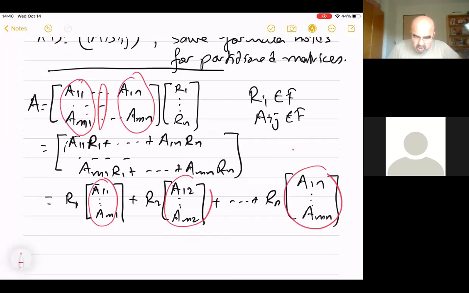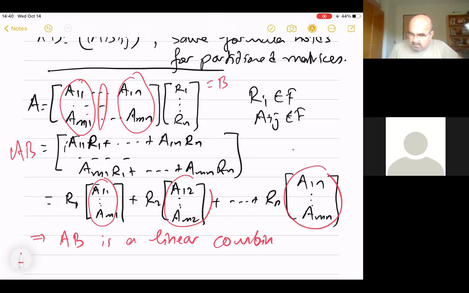So in this case, let's call this B. A times B is a linear combination of columns of A.